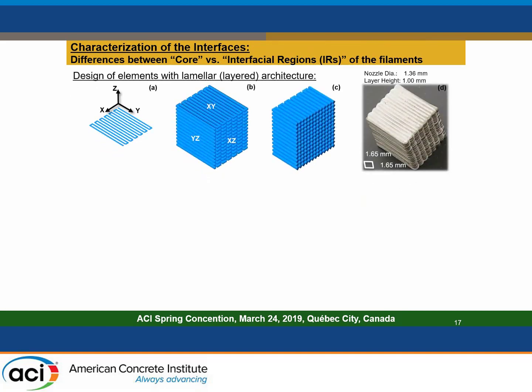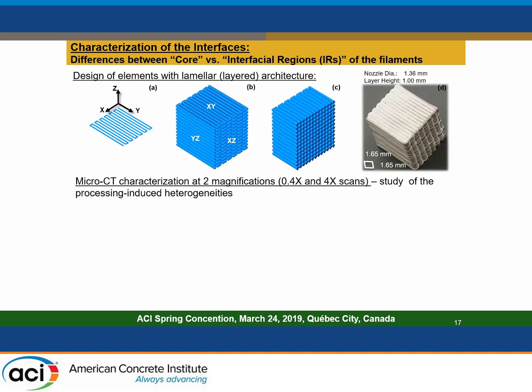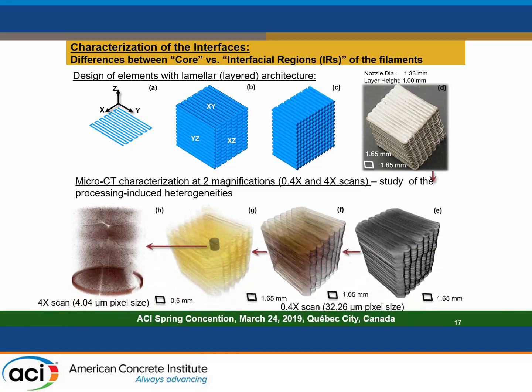We spent some time trying to analyze what influence changing this internal architecture has on the porosity of the structure. To what extent can we predict where the pores are going to be, and can we take advantage of the location of those pores with respect to predicting the mechanical properties? So we've done some micro-CT characterization of those elements, and one of the things that I would like to show here is that you can see those are the individual filaments.